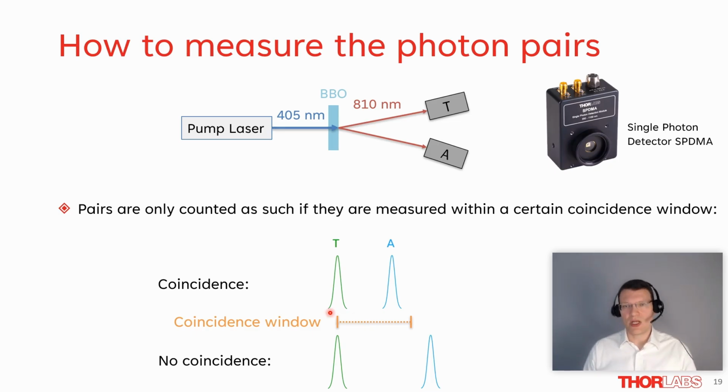This was most likely the pair. In contrast, when detector T clicks and a millisecond later detector A clicks, then it was probably stray light or a dark count event or something else. So we're not counting that. And now you get the picture of how I get my photon pairs and what I'm counting.